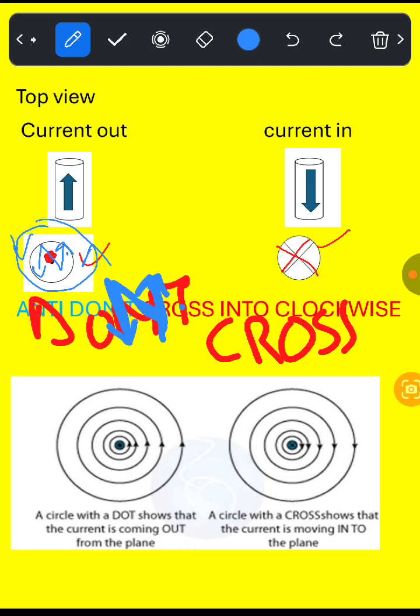And this is an anti-clockwise direction, right? Because you see, anti-clockwise has got the word N. It has got the word what?